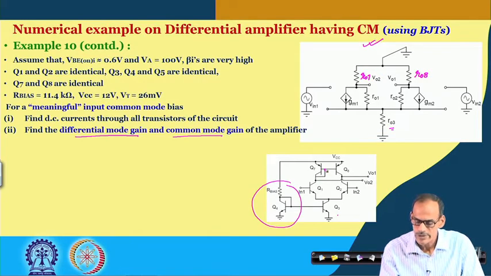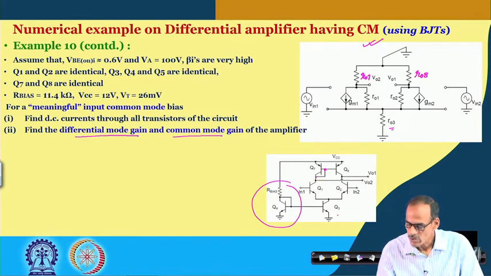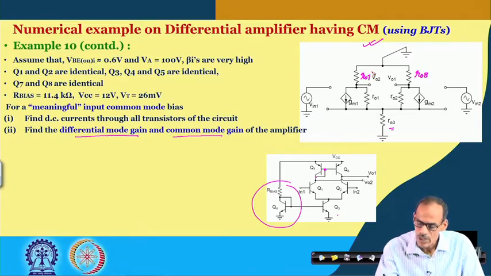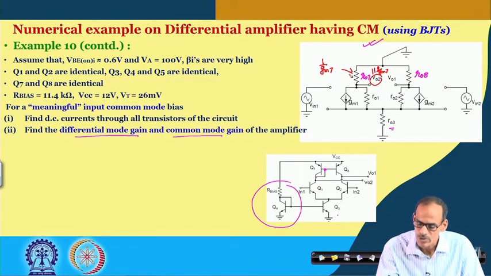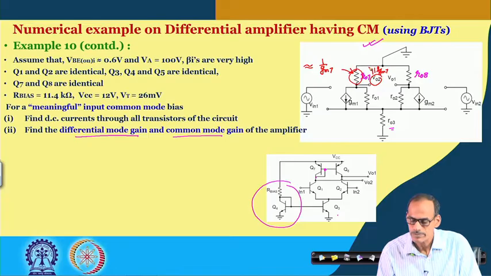In fact, since it is diode connected we should also keep this RO7 in parallel with 1 by gm7. So, the voltage coming here, VO2, is predominantly defined by 1 by gm7 and whatever the signal current is flowing through this. So, approximately we can say that this resistor is 1 by gm7.